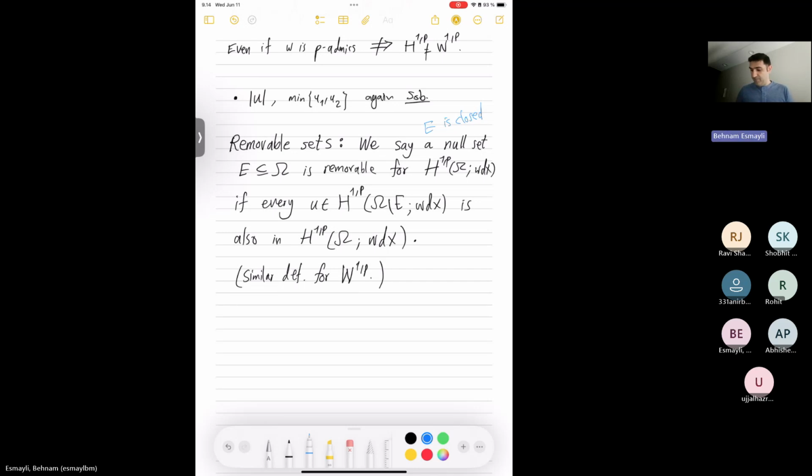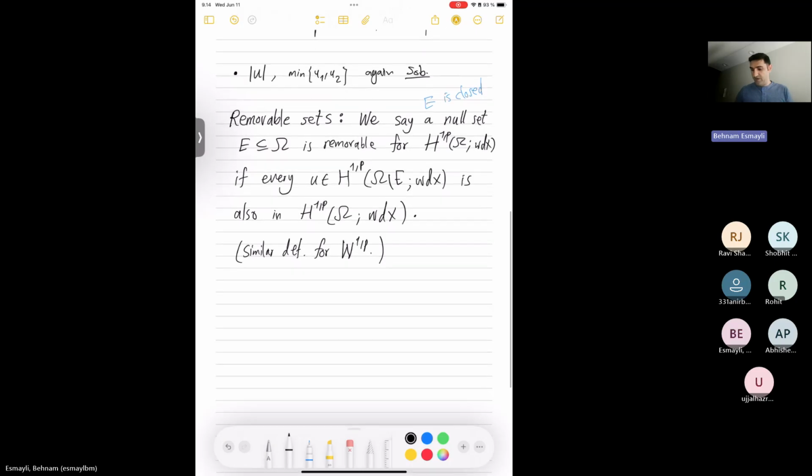Now, this again fails immediately for smooth category, even 1 point. So U is in C1, just once differentiable on omega minus 1 point, will never imply that U is actually C1 on all of omega, right? You have 1 point, you can have a smooth function that goes to infinity right at that point, and well, it's not a C1 function on all of Rn.